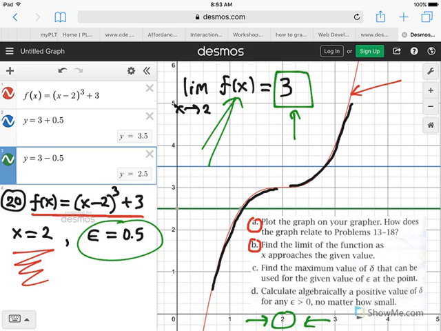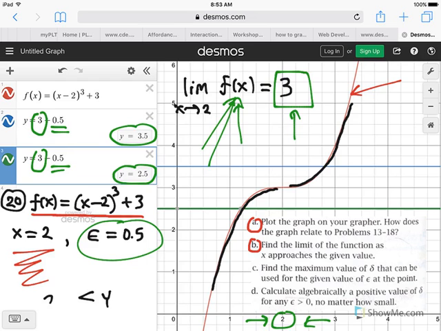So the output values can be the limit plus epsilon or the limit minus epsilon, between 2.5 and 3.5. So you're looking at output values from the function in this range, from 2.5 to 3.5.